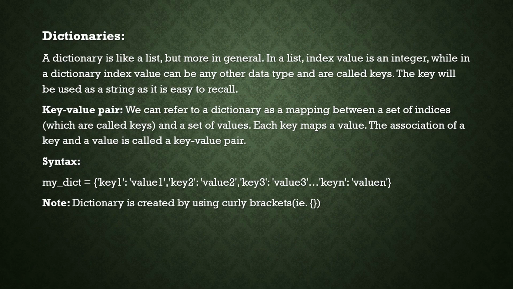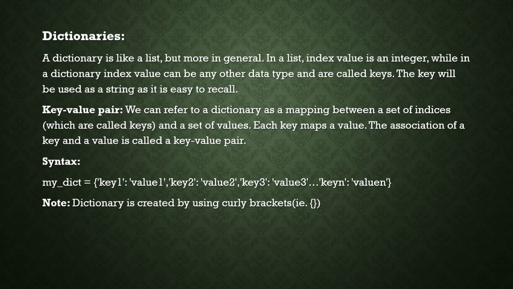In a list, the index value is an integer, while in a dictionary, the index value can be any other data type. It may be a string variable, or it may be any symbol, and these are all called keys.